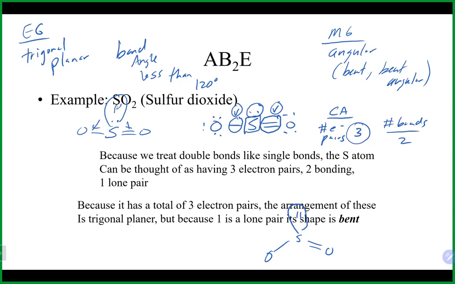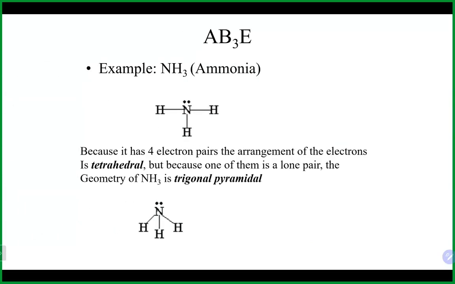The next geometry that involves non-bonding electrons is what we see like in NH3. So let's take a look at that here. And if we draw the Lewis structure here for NH3, this is a central atom that has a number of electron pairs. Once again, doesn't matter if they're dots or lines. So 1, 2, 3, 4 electron pairs.